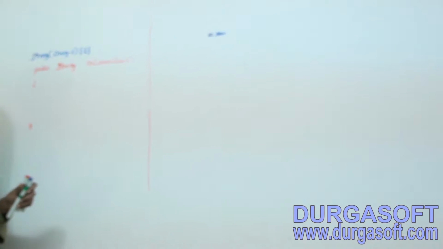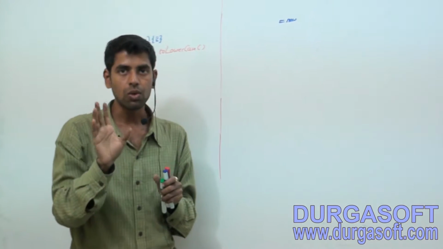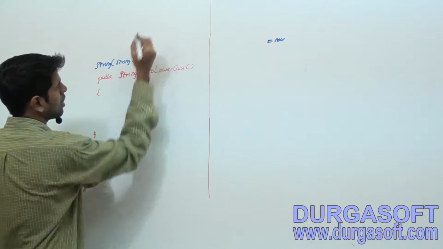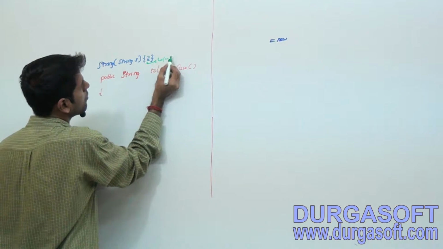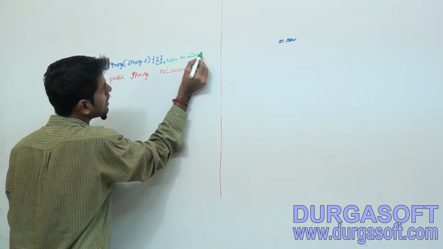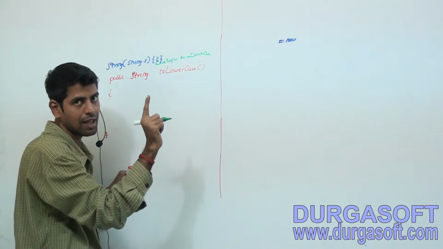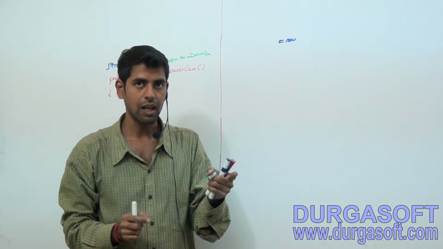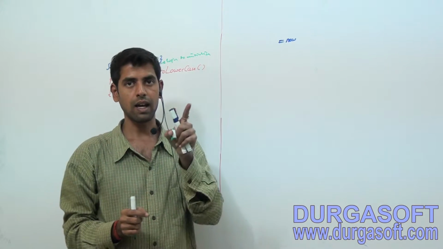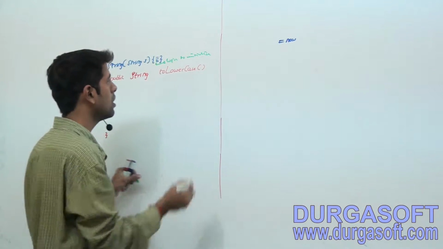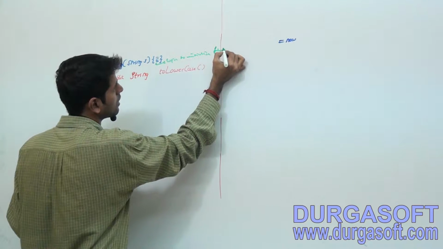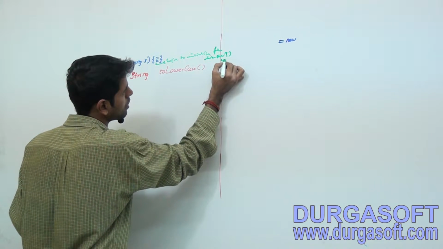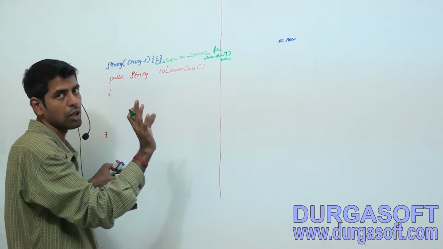What is that logic? It is a very simple logic. Observe here, the logic is to initialize the final instance char array referred to by the value variable.